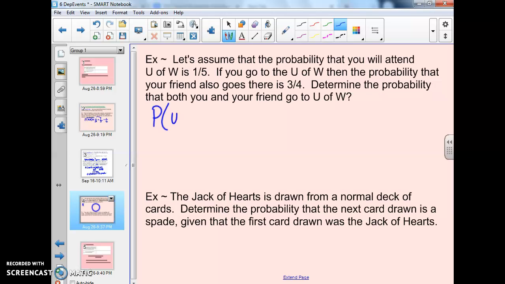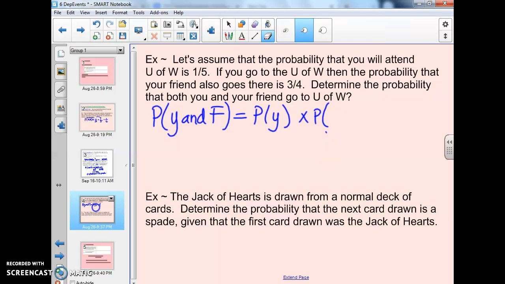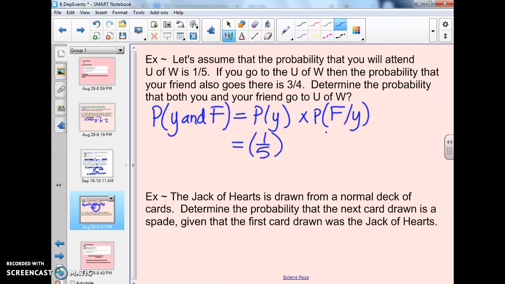So the probability of you and your friend: the probability that you're going to go is 1/5. The probability that your friend goes given that you are going is 3/4. Multiply those together and we get 3/20.